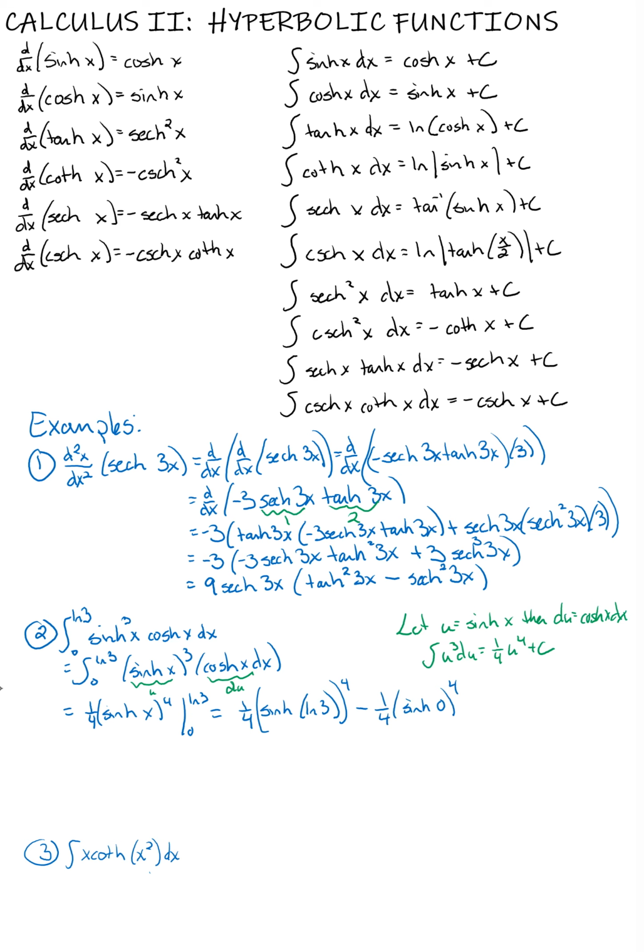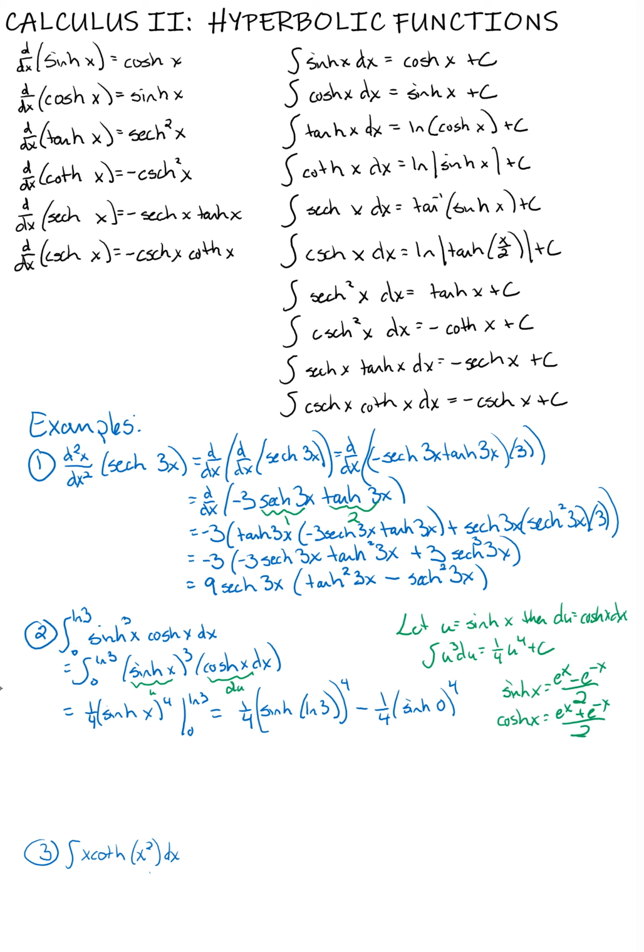Okay, well, let's think about evaluating a hyperbolic sine. We have to remember the definition: hyperbolic sine of x is e to the x minus e to the negative x over 2. And hyperbolic cosine, just as a reminder, is e to the x plus e to the negative x over 2.